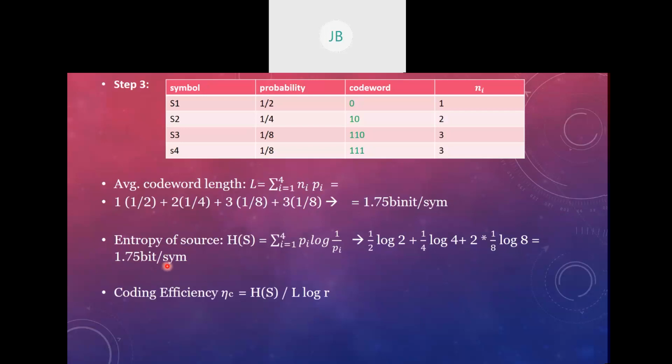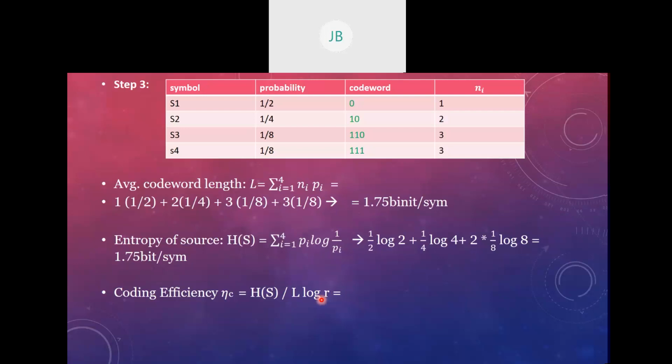So we are left with the coding efficiency. That is what the question was, to find the coding efficiency, eta c. That is nothing but the ratio of H of S, that is the entropy, and L log R. L is the average code word length, and log R, here R is a value, the value of R is 2 if it's a binary coding, or it is 3 if it is ternary coding, and so on.